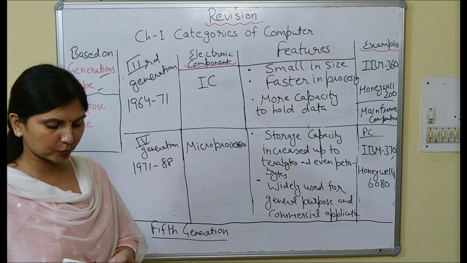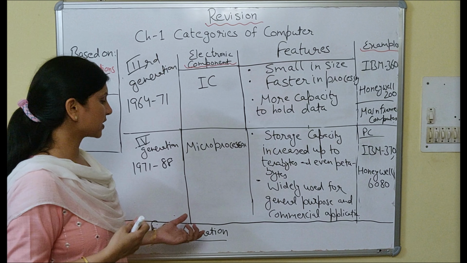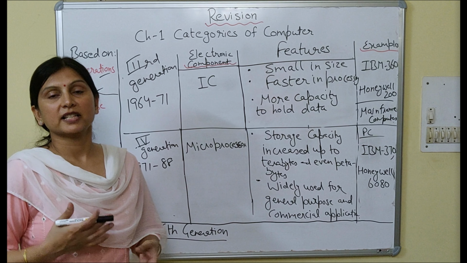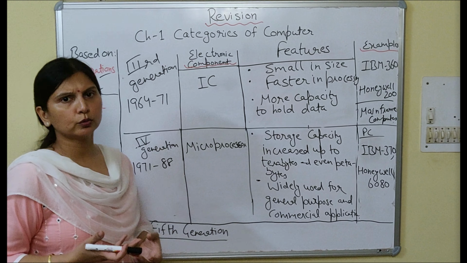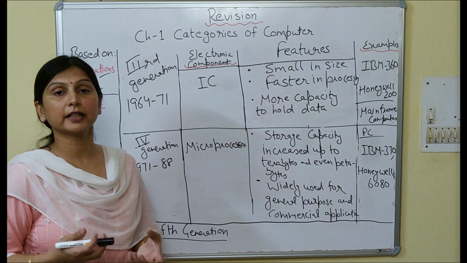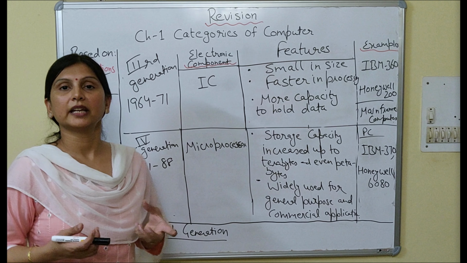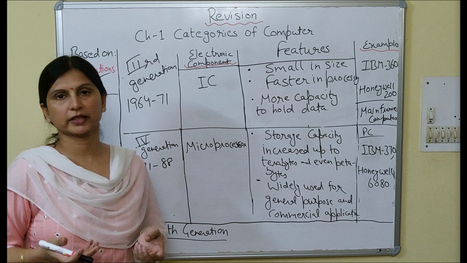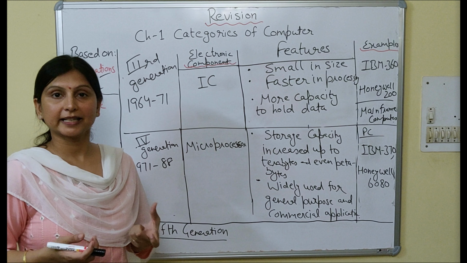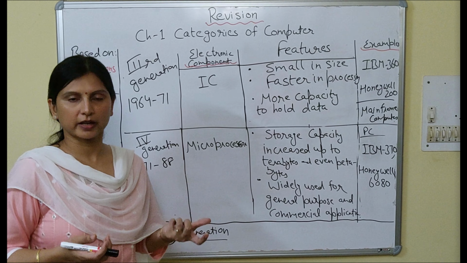Fifth generation computers we call the present as well as the future. In the fifth generation, scientists are working on artificial intelligence. They are trying to produce intelligent computers. Generally we say computers don't have IQ, but scientists are working so that they can take small decisions by programming.